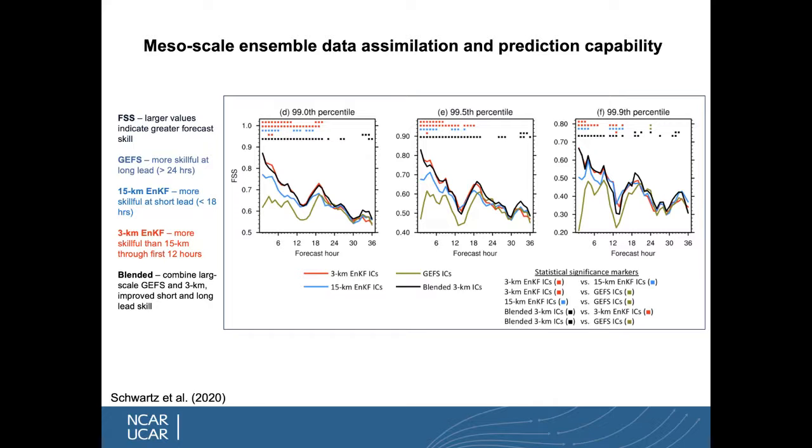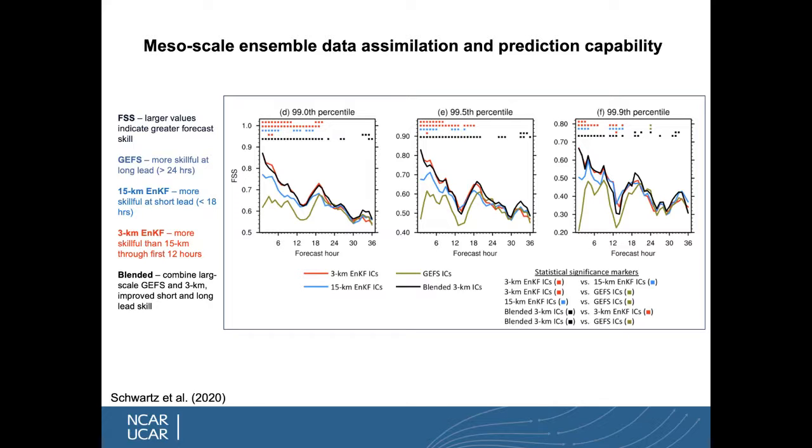And then the red and black lines show when we go to a 3-kilometer ensemble analysis and then make subsequent forecasts. And then we're looking at higher rainfall thresholds as we go from left to right. So for convective precipitation predictability, we can see added value from using a higher resolution analysis out to about 12 hours into the forecast, which is pretty encouraging.